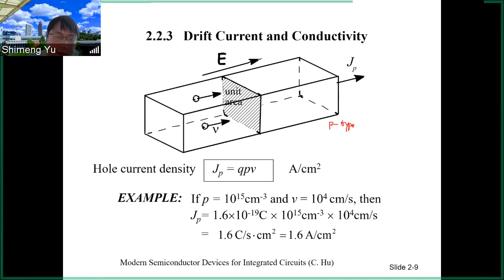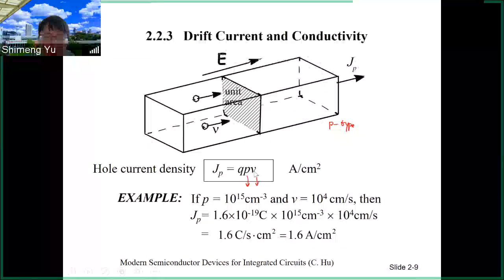And the current density, Jp, P represents the hole, equals q p v. So why is that? q is the charge quantity, it's a basic physical constant. It is 1.6 times 10 to the power negative 19 coulomb. That is the charge one electron carries. And then p is the hole density. This v is the velocity of the hole.